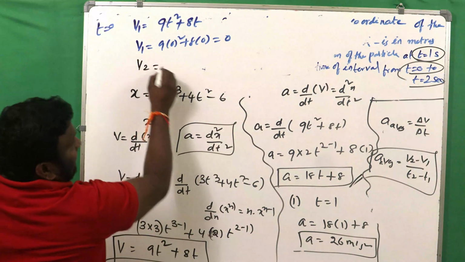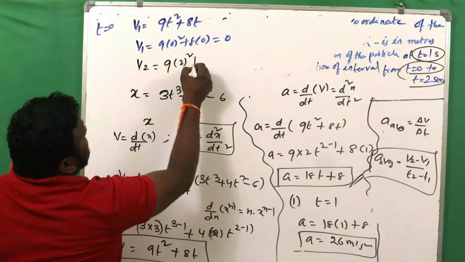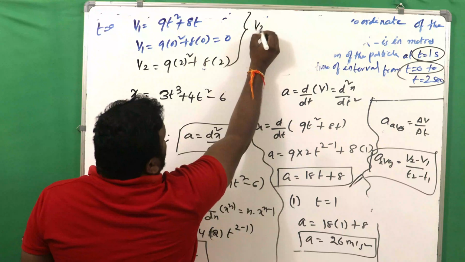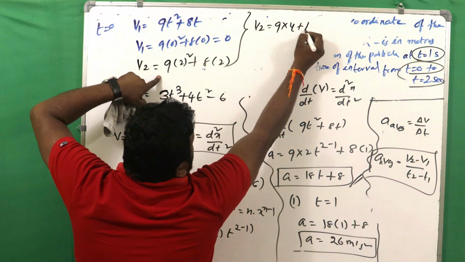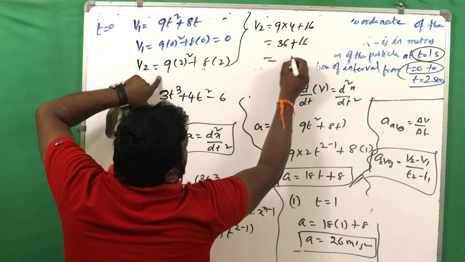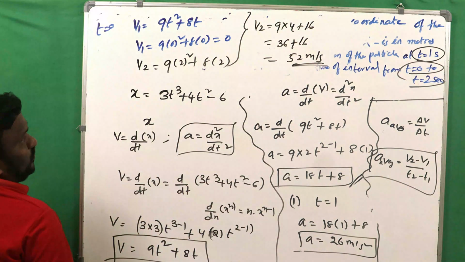And similarly now, v2 at the time of 2 seconds. Then we have 9 into 2² plus 8 into 2. That means v2 = 9 into 4 plus 16, so 36 plus 16, that is 52 meter per second. That is v2.